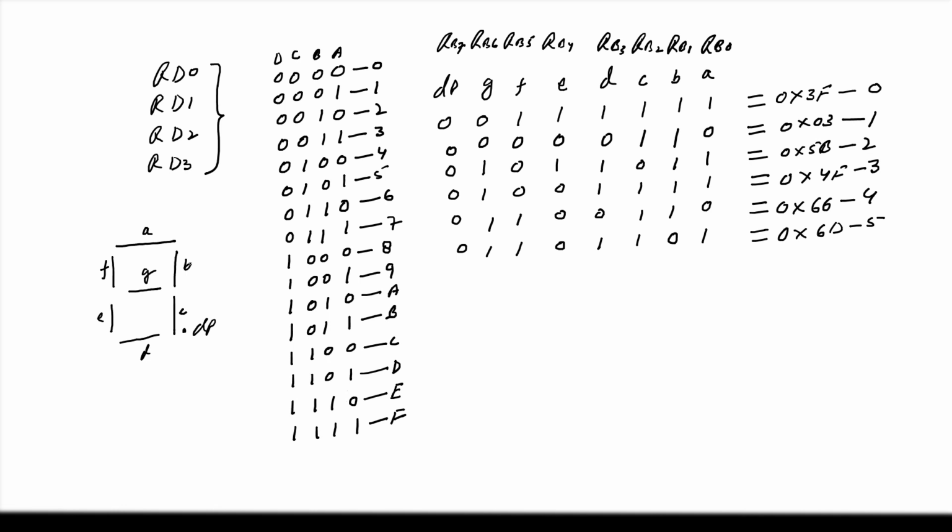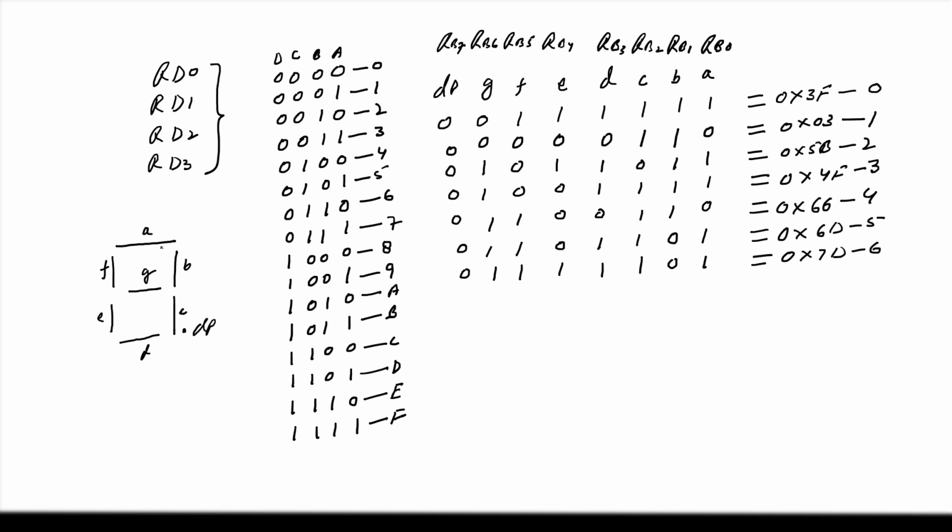To display the number 6, B and dot point will be off. So we can write B will be off and dot point will be off and all other segments will be on. And the equivalent hex number will be 7D, that is 0x7D, and it will display the number 6.